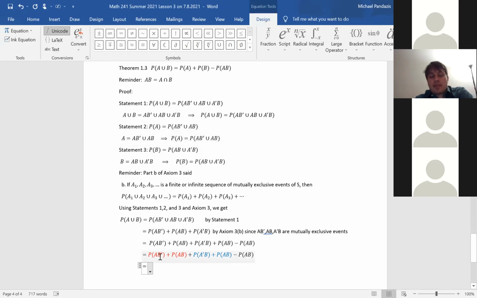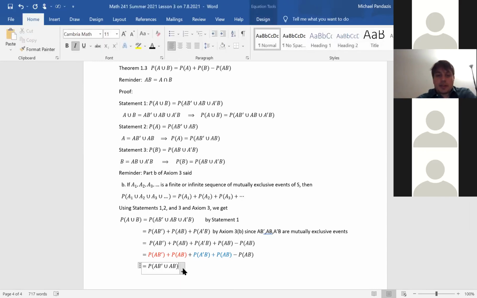Okay, so P of AB prime plus P of AB, that's equal to P of AB prime union AB, right? Because AB prime and AB are mutually exclusive events, and so P of their union is equal to the sum of their probabilities.